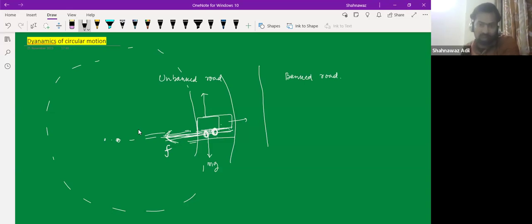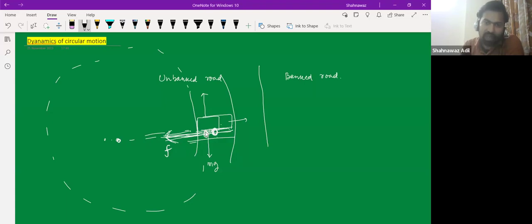Yes, centripetal force, absolutely correct. So what is acting as the centripetal force? This friction.